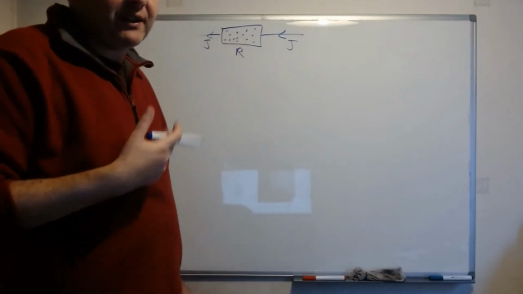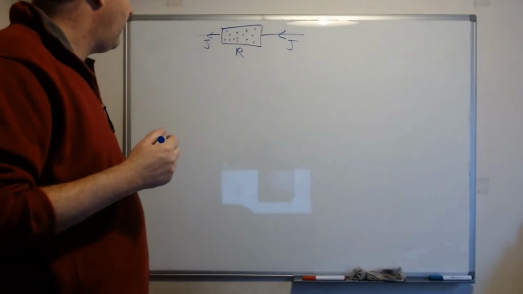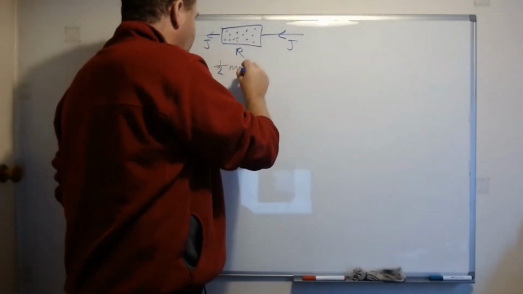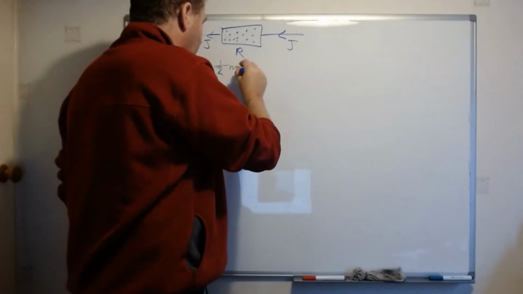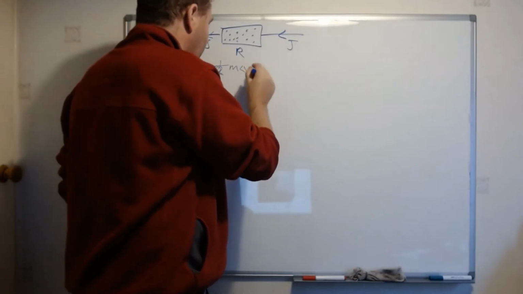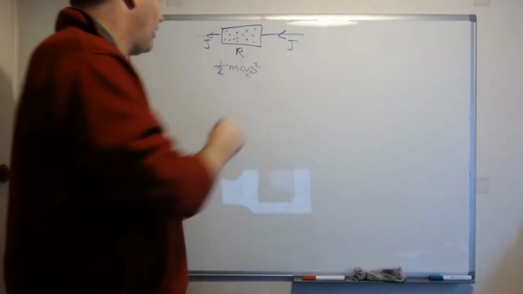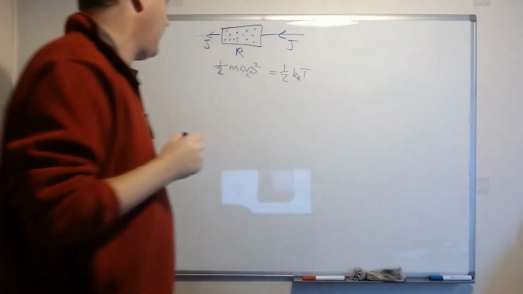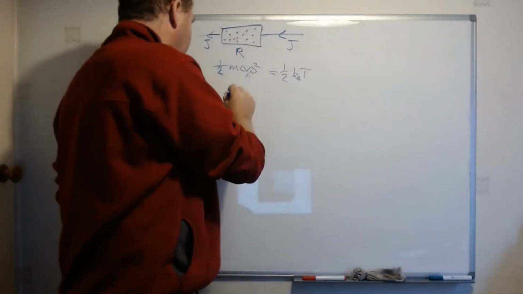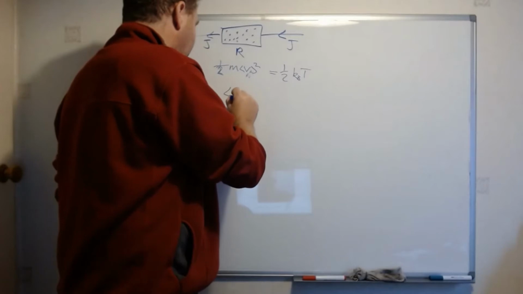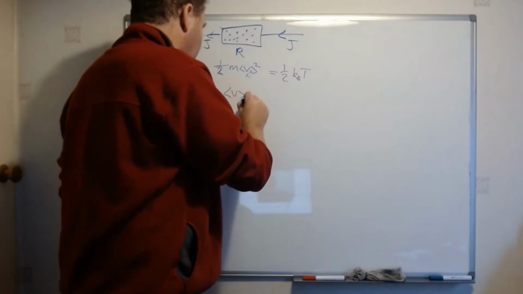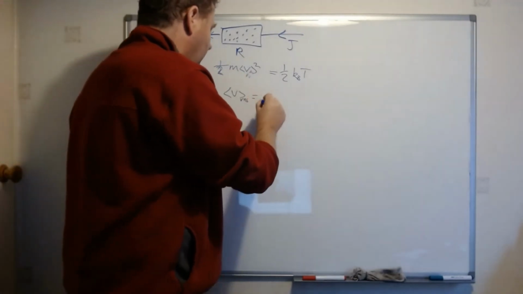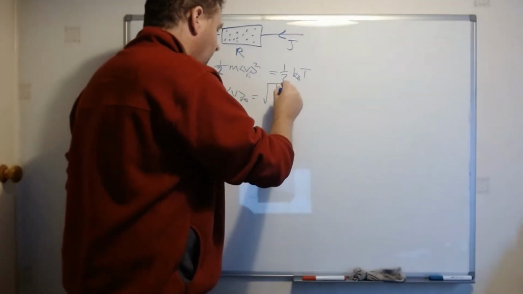So this is a free electron type model, and we can equate the kinetic energy of the electrons with the thermal energy of k_B T. And so we can show that the RMS velocity, so the average of the square velocity square rooted, is just going to be the square root of k_B T over m.